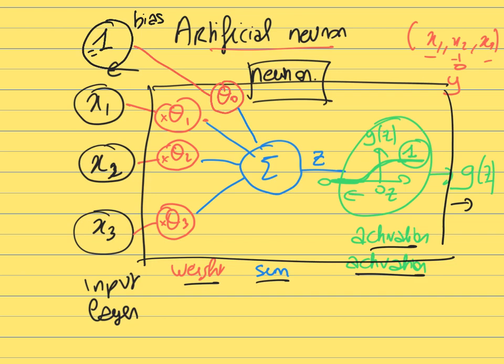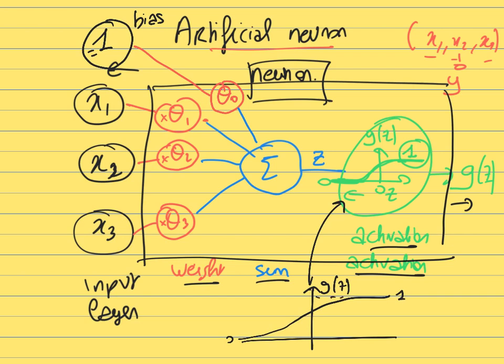Now, depending on the value of theta, let's zoom in on this activation function here. If this is the activation function g of z, the function will typically look something like this, where it goes between 0 and +1. It's not always the case, but very often it's like this.